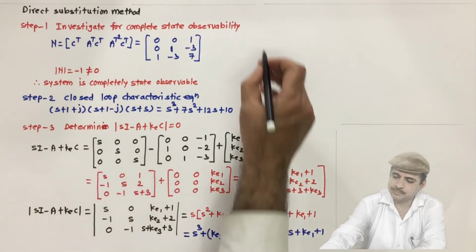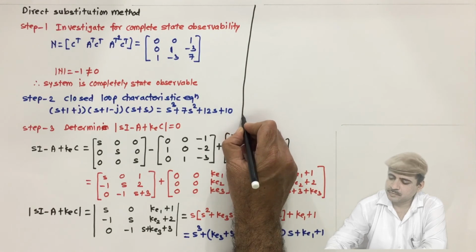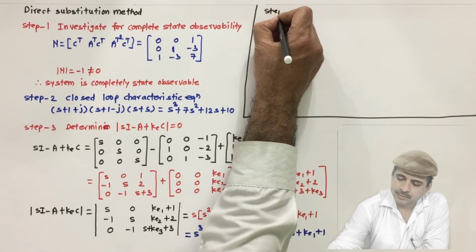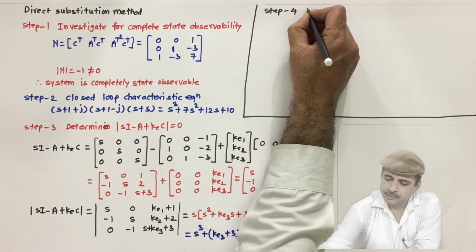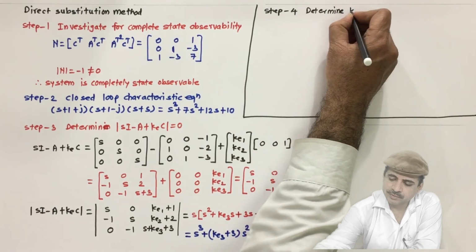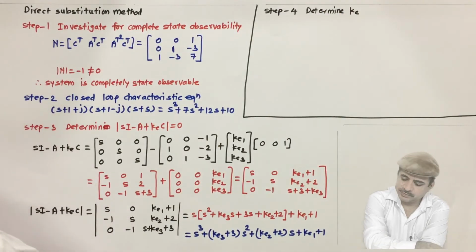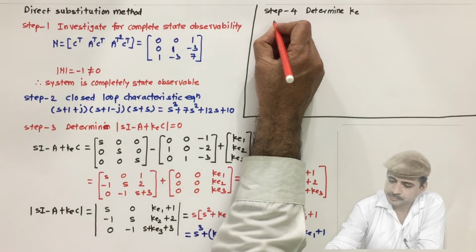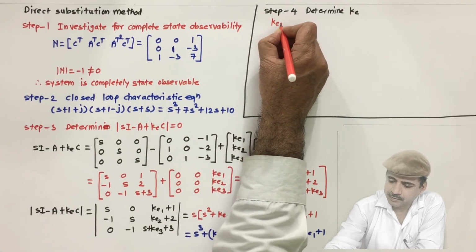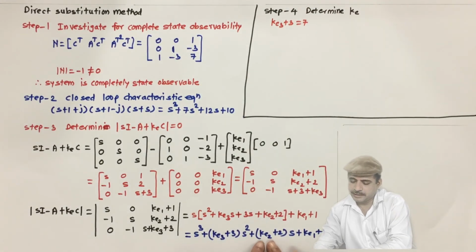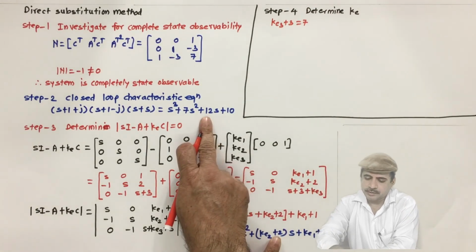And now the last step. Step 4. Determine K. How? By comparing the coefficients. So how to compare the coefficients? Here this is S cube matches, then KE3 plus 3 is 7. Then KE2 plus 2 is 12.